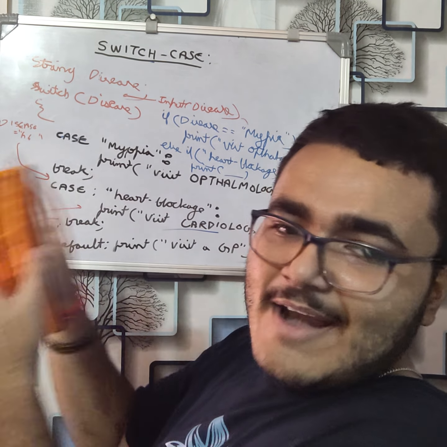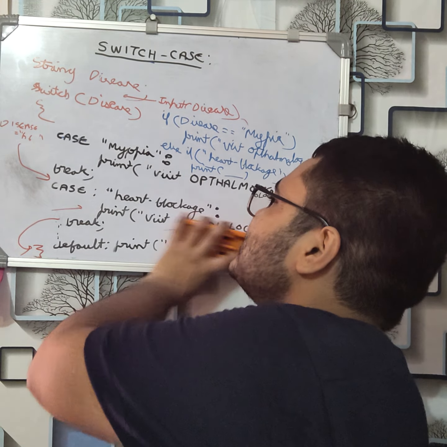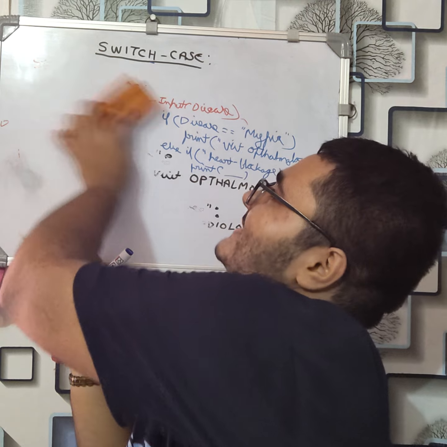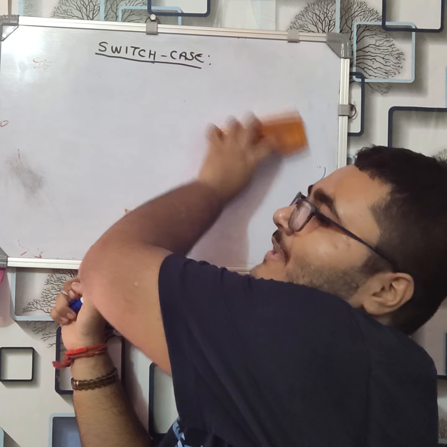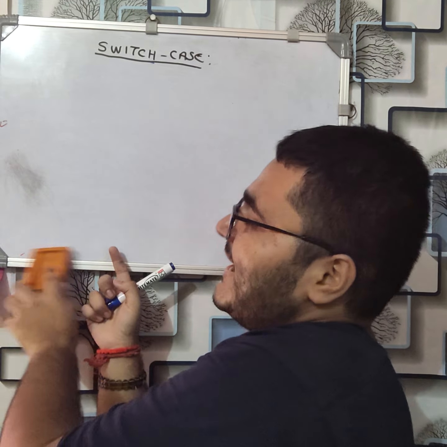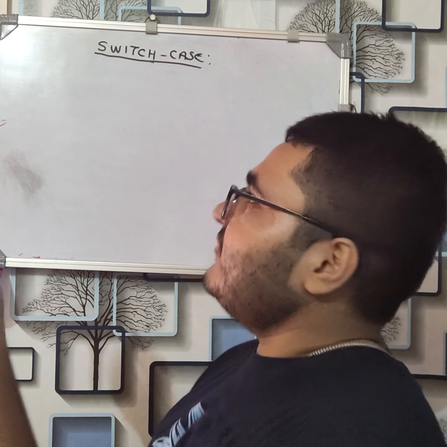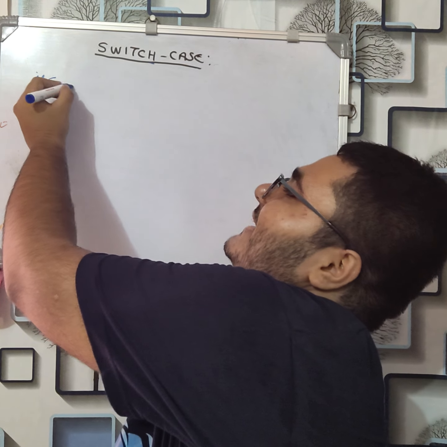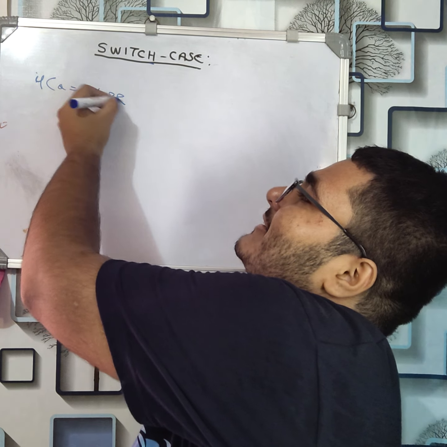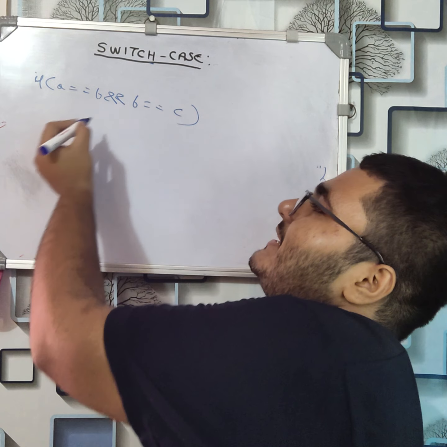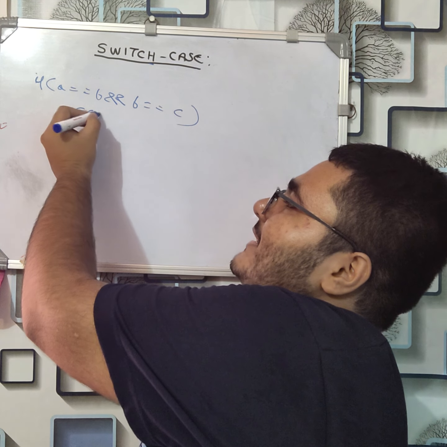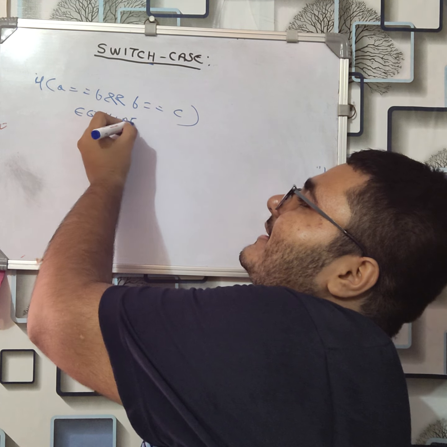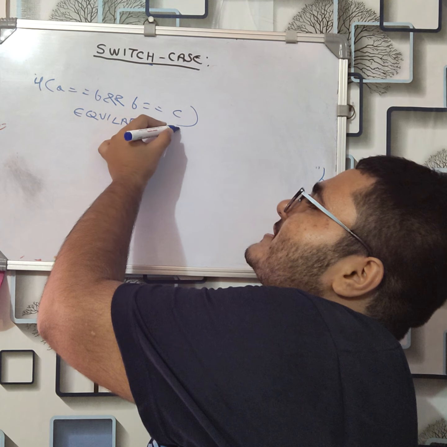But if I consider the problem of triangles, which we have seen, the basic problem of if else ladder: if A equal to B and B equal to C, then the triangle is equilateral, right? You need to print it. I am just showing here.